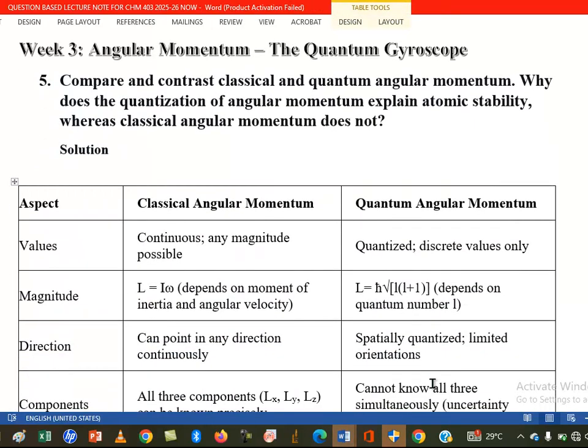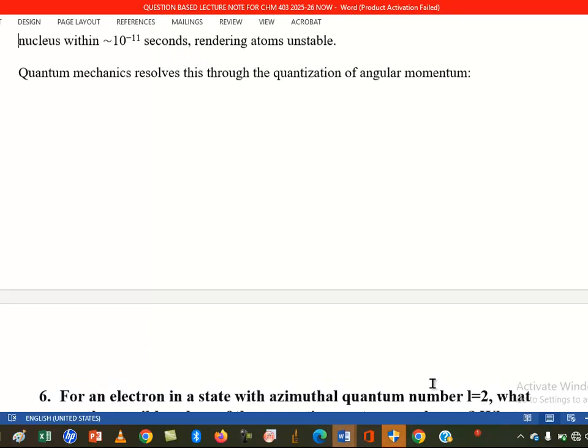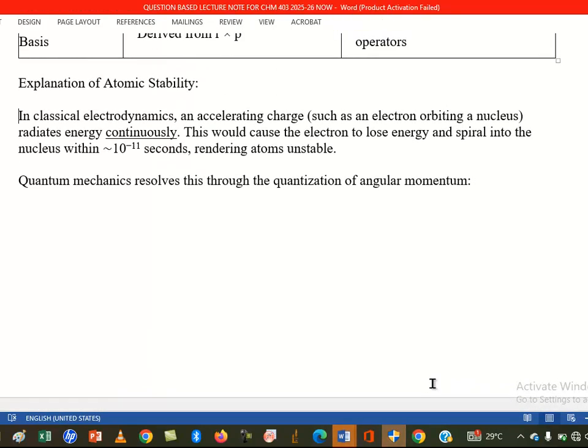Now, why does it explain atomic stability? This is simple. All you need to say here is, when an accelerating charge is orbiting, going around in circular motion, for instance around a nucleus, it will radiate energy continuously.